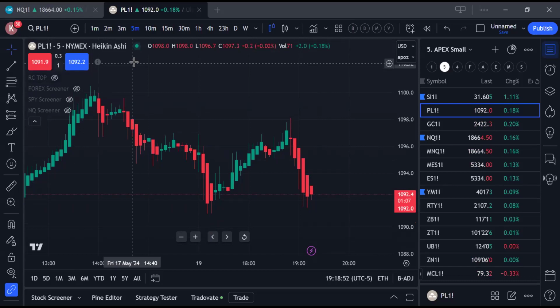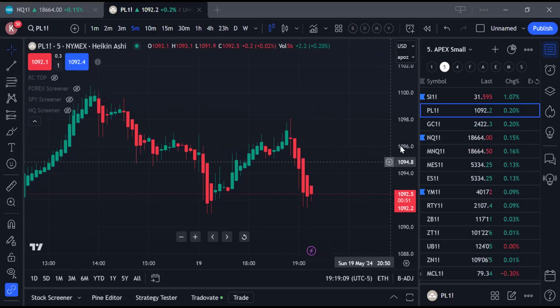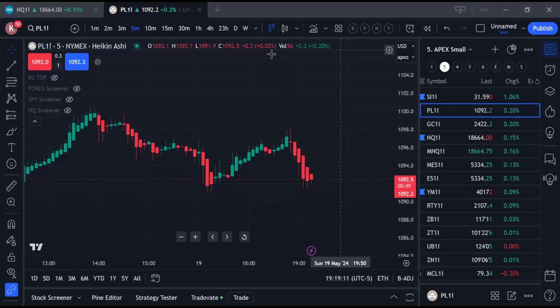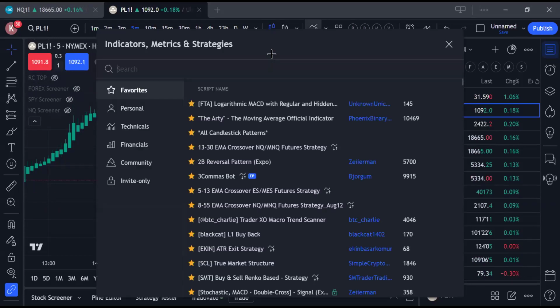Any questions before I go to the next one? Yeah, these are custom indicators. You won't directly see them on TradingView. You have to get the access through us.